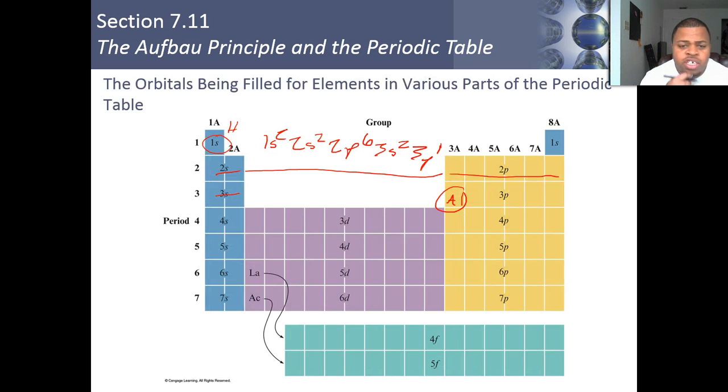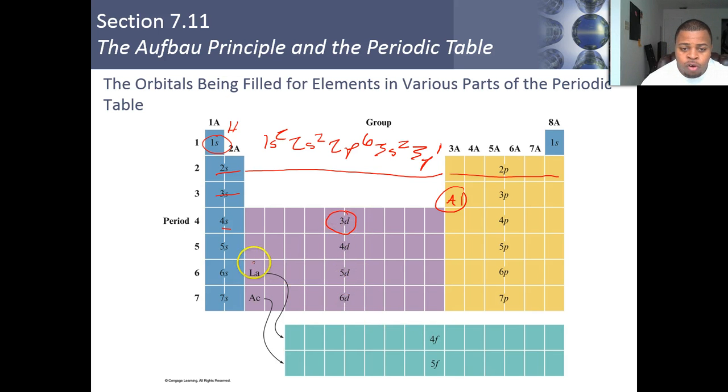If I can go back, I want to show you something really quick, and this is something that a lot of people will miss. If I'm looking here, notice that I started off my 4th energy level, my 4th period, and I have a 3d orbital. That's something I want you to think about, because when we come into class, we should be able to start to understand a little bit of why that is. Same thing is going to happen here.